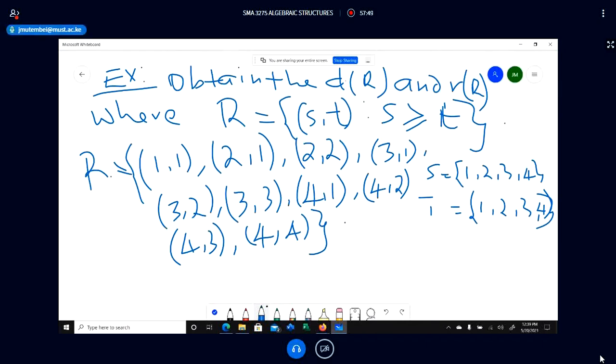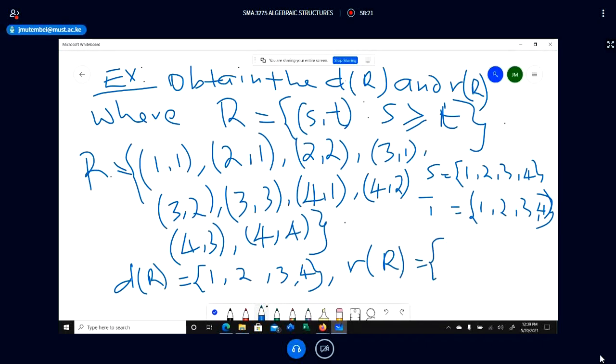And now from this, the domain D of R is the set of all first elements. So we have 1, 2, 3, 4. Not the domain, the range of R is the set of all the second elements.